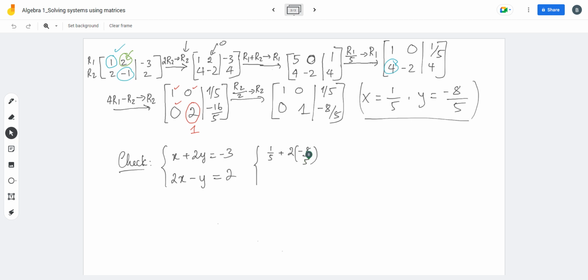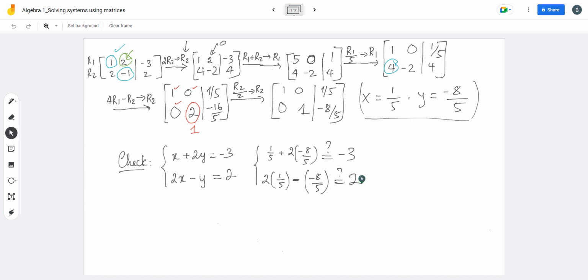Okay, and I just want to check whether this is equal to negative 3 or not. And again, down here, I have 2 times x, which is 2 times 1 over 5, minus y. So minus y, remember that minus here, and then y is also minus 8 over 5. And I want to check whether this is equal to 2.